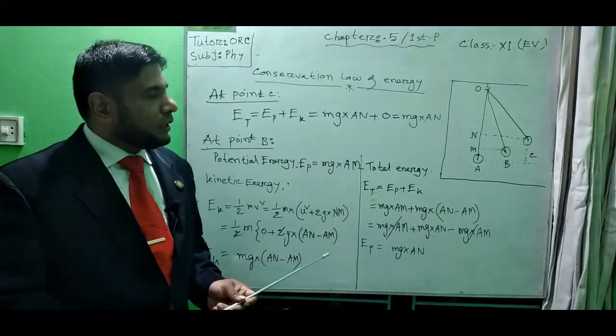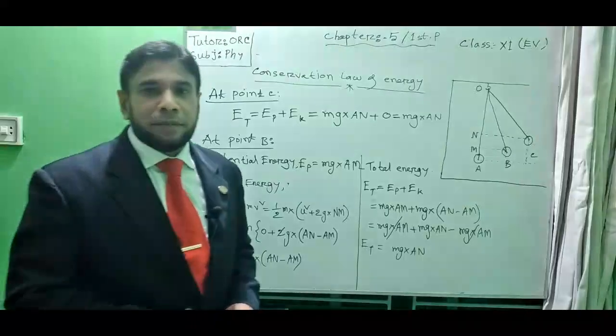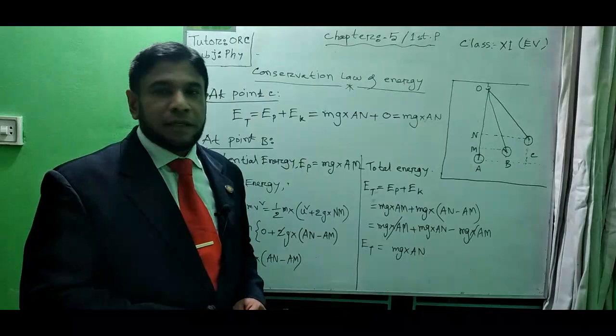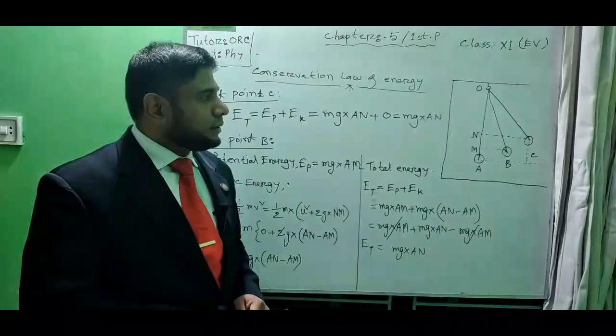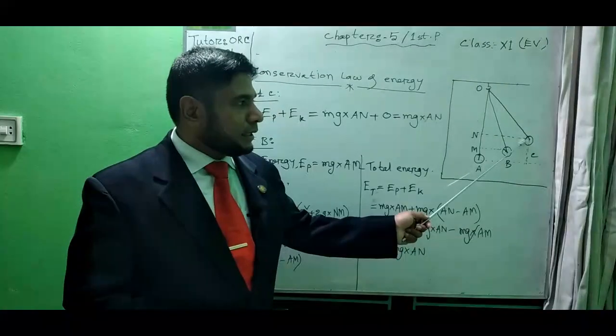When we solve the mathematical problem, we must take the help of the law of Pythagoras. Why? Here ONC is a right angle triangle.